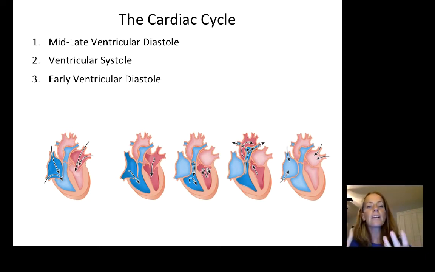So when the heart is filling, it's relaxing and it's in diastole. So we start everything at mid to late diastole. Then we go through a pumping cycle or ventricular systole. And then we start a new phase of relaxation.